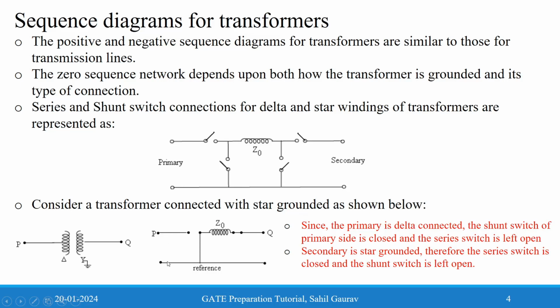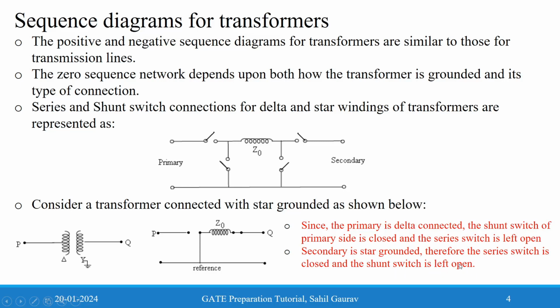So the equivalent sequence diagram for this transformer connection can be made like this. Here I have noted that the primary is delta connected, therefore the shunt switch of the primary side is closed and the series switch is left open. The secondary is star grounded, therefore the series switch is closed and the shunt switch is left open.